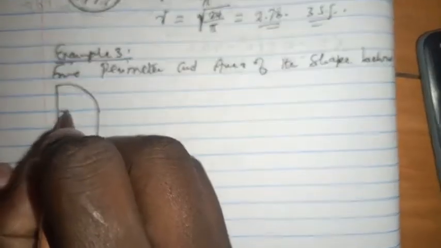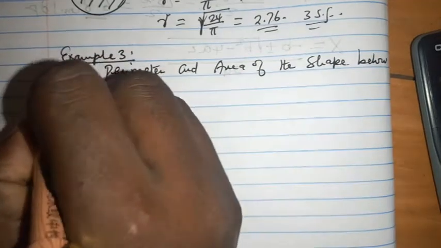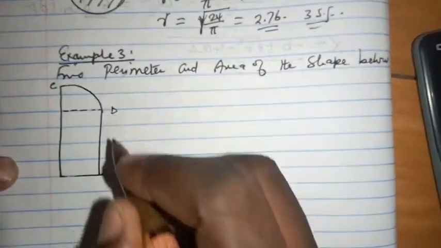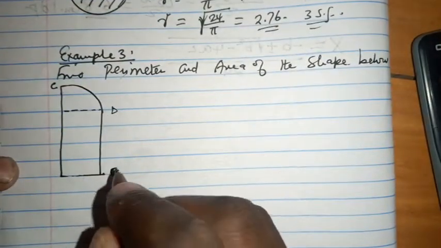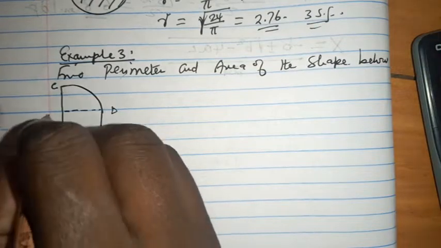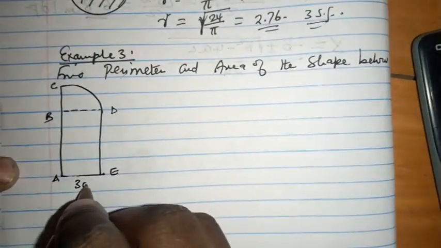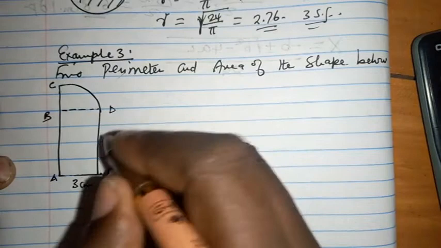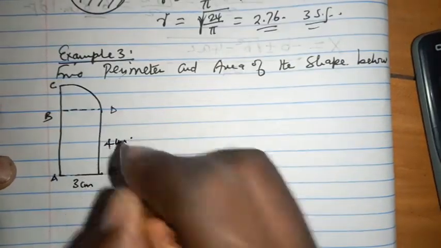This is C, this is D, this is E, this is A, this is B, this is 3 centimeters, and this is 4 centimeters.